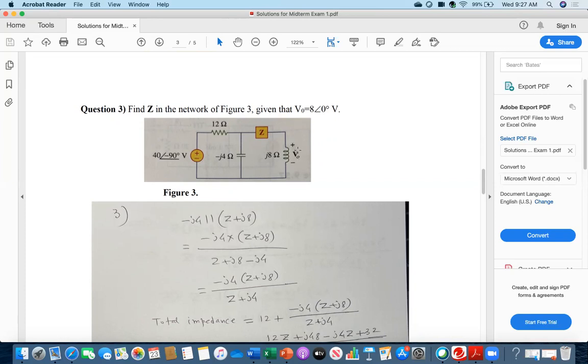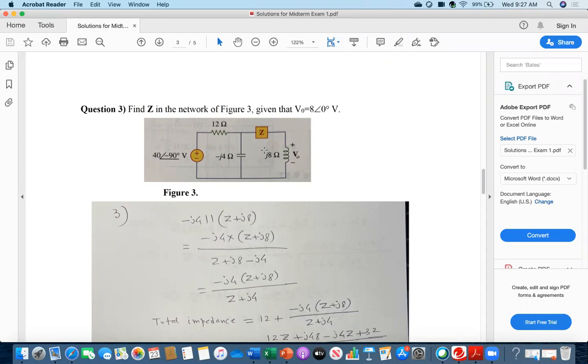Then you will get the J value. So your goal is to find out the current flowing through that J and J8 in this loop. And that current multiplied by J8 will make the V naught, which is equal to this one.